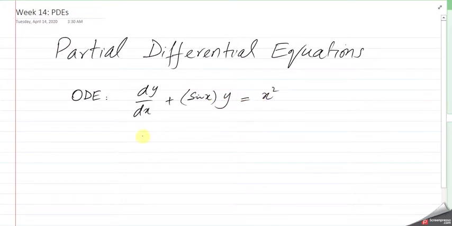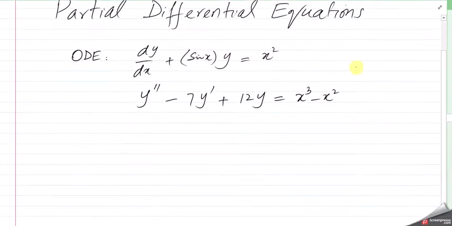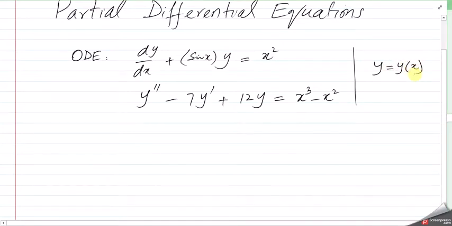So that's a total derivative. y double prime minus 7y prime plus 12y equals, let's say, x cubed minus x squared. Again, it involves total derivatives. So there is only one dependent variable and one independent variable. y is a function of x only.